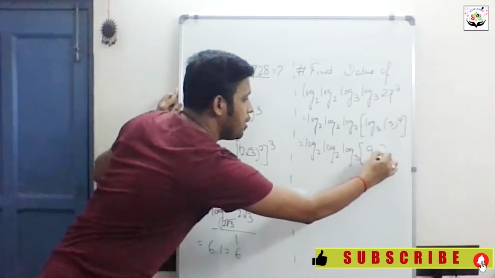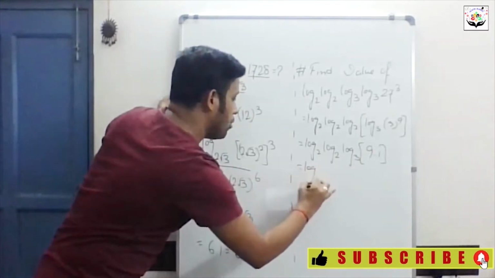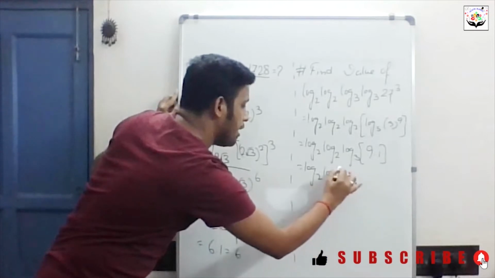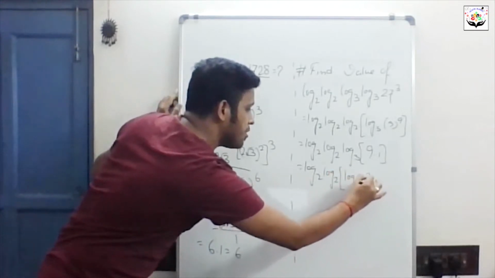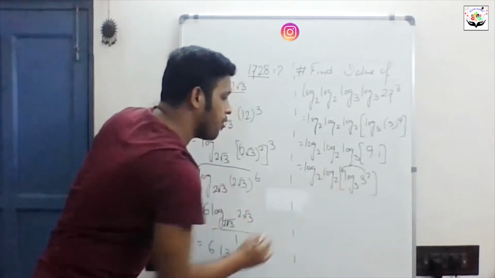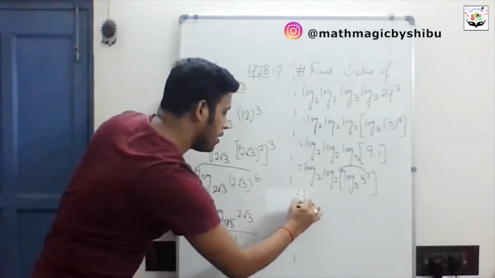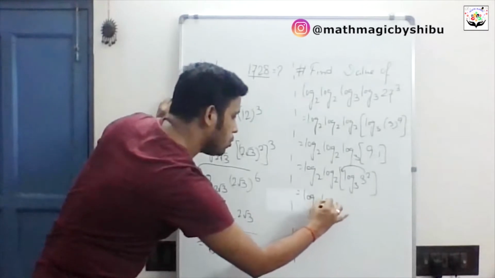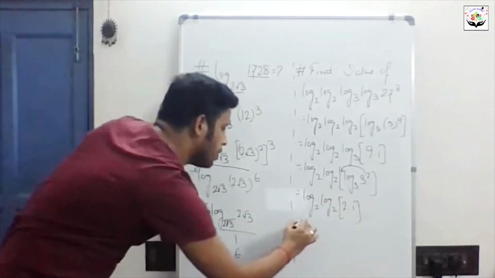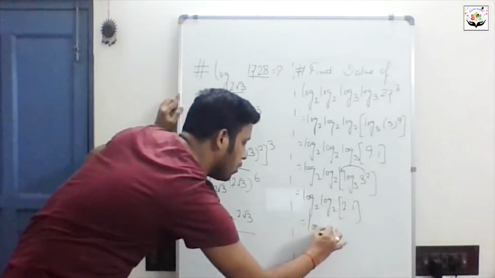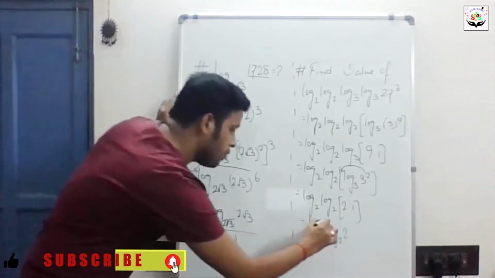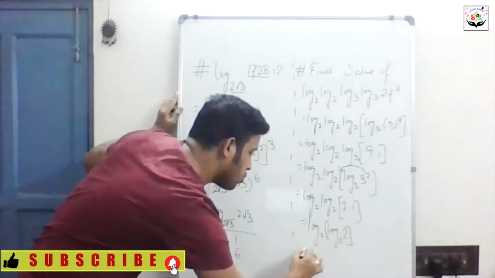So it will become 9 into 1, just 9. Now again, 9 can be represented as 3 square. If we bring the 2 in front, log base 3 of 3 will be 1. So it will become 2 into 1, which means 2, right?